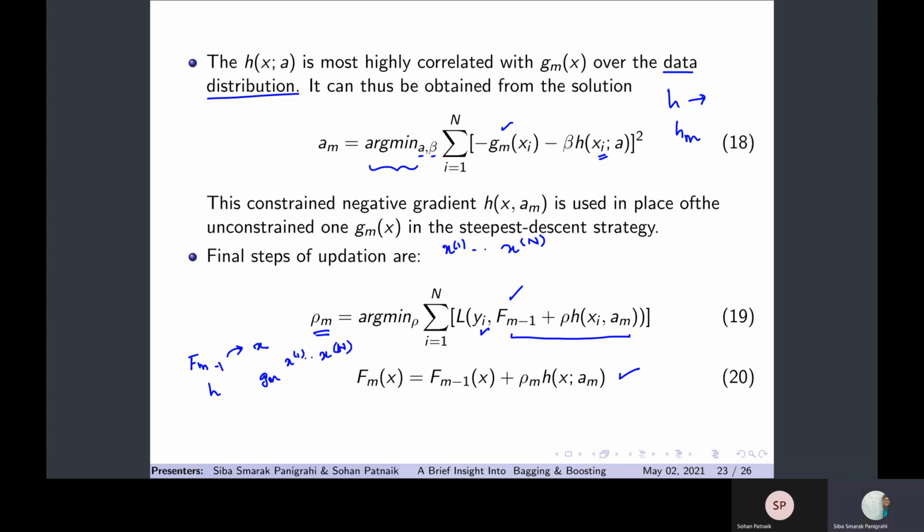Ultimately we have to find a rho that should minimize the loss, and then update f m as f m minus 1 plus rho times h x. I think this has gone a bit longer, but I hope it is clear. Otherwise, you can pause and see this written stuff in the slide and that would be clear.